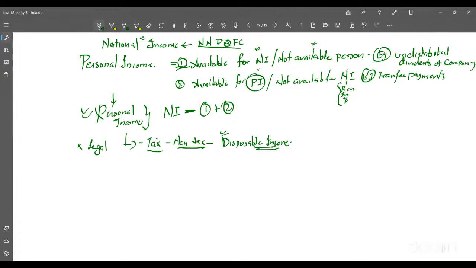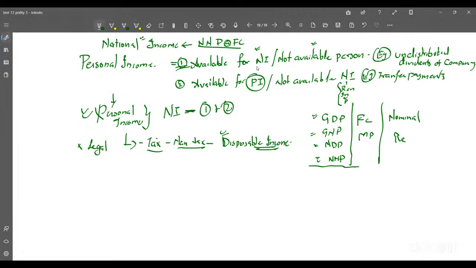So what are the things we have seen till now? We have seen GDP, GNP, NDP, NNP. Everything has to be seen in both factor cost and market price, and everything would be calculated in base price, that is nominal terms and real terms.